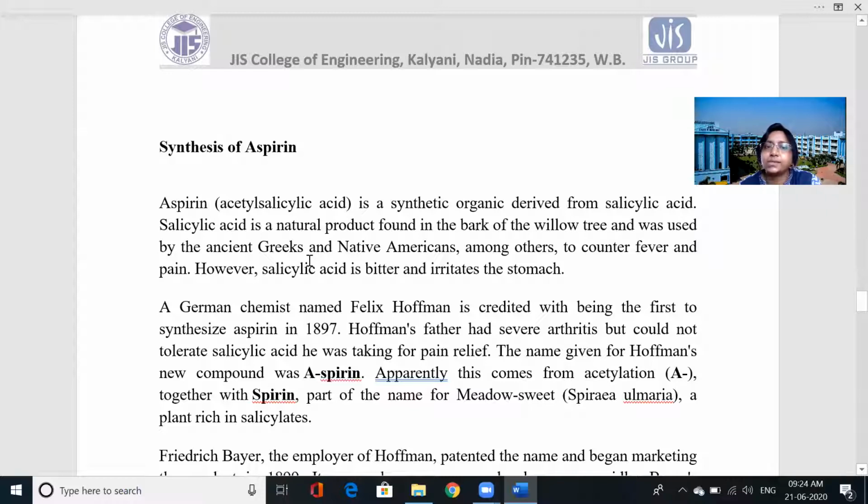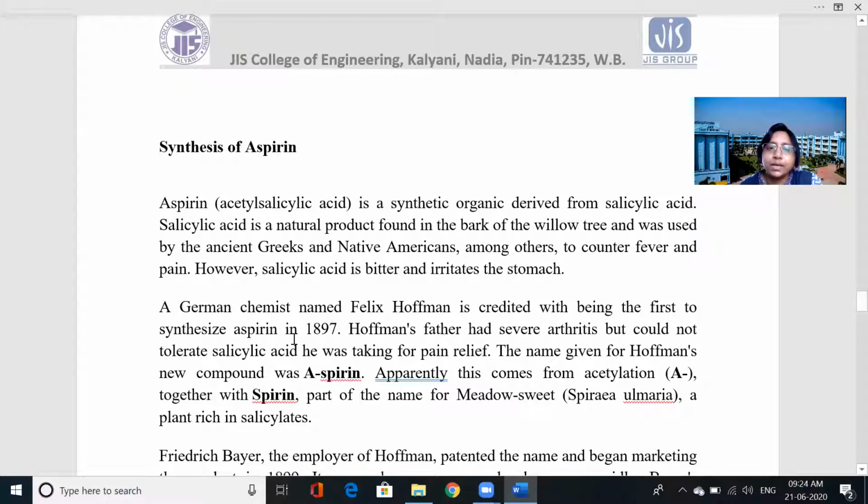Salicylic acid is a natural product found in the bark of the willow tree and was used by the ancient Greeks and Native Americans, among others, to counter fever and pain. However, salicylic acid is bitter and irritates the stomach.